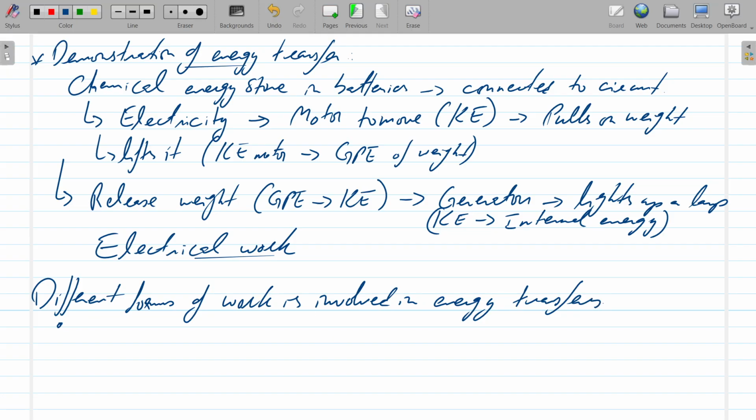And in summary, these are the ones. There's mechanical work, and that is under the action of a force.